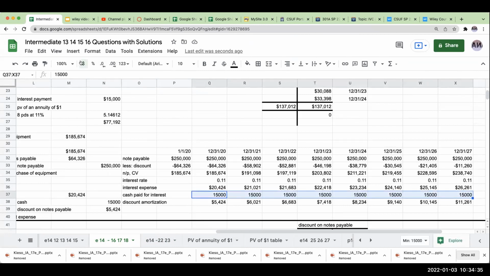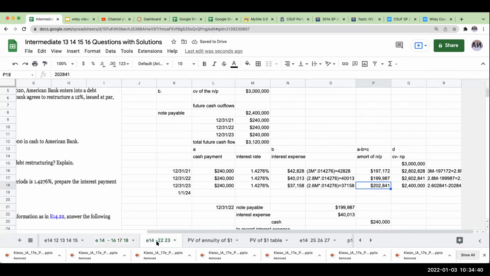This is why you want to start using Microsoft Excel. So take Excel classes, because when you get to the CPA exam, and especially in your career, if you're not using Excel, you're going to be behind.